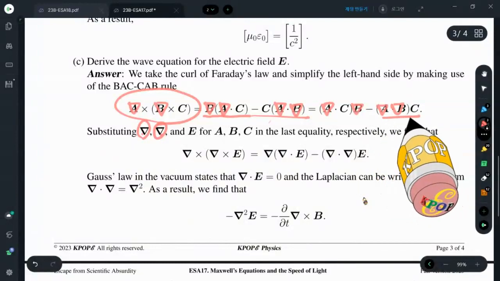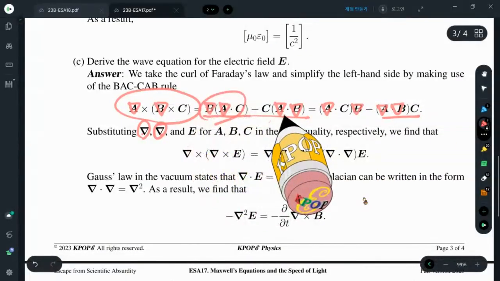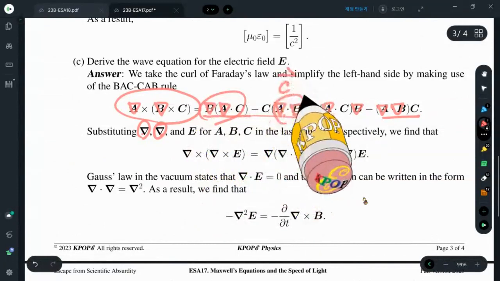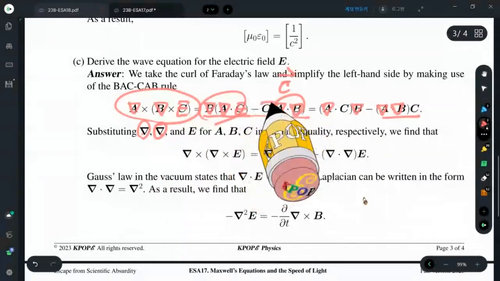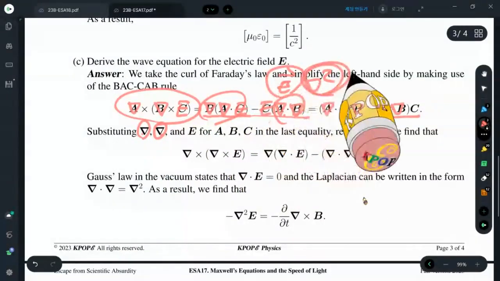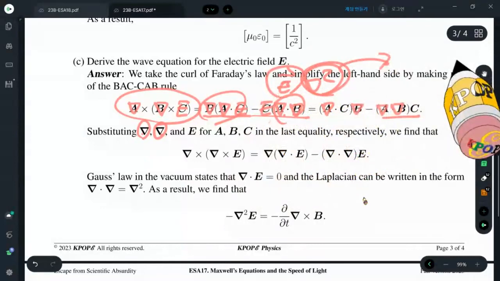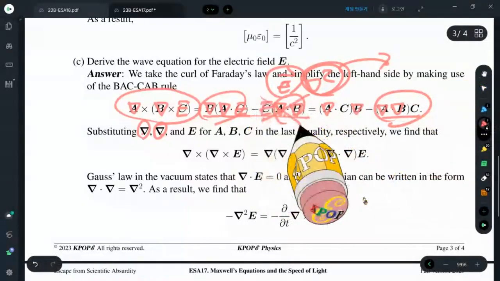Here, it's fine. Here, the vector C will be replaced with the electric field. Okay, it's not fine. It should work on any field. So we have to use this form instead of this.